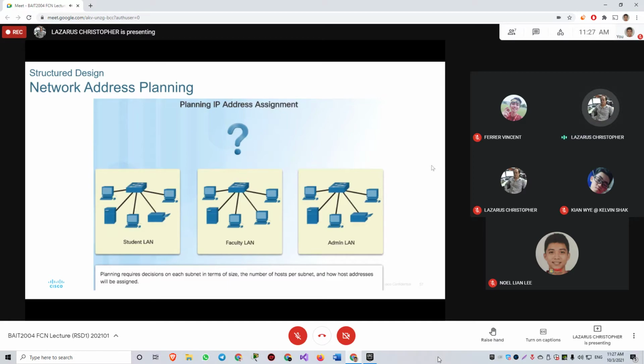They say, I want to provide network for my students, my faculty, my admin. But my students, I don't want them to access certain things. You take note, and you notice that dividing based on function is the best way to create subnets for the network. So these are the things you have to figure out to plan how to divide the network.